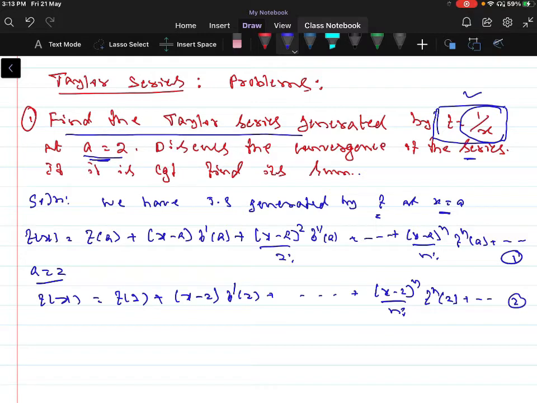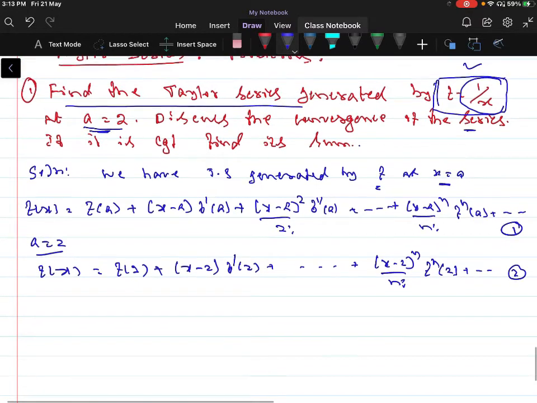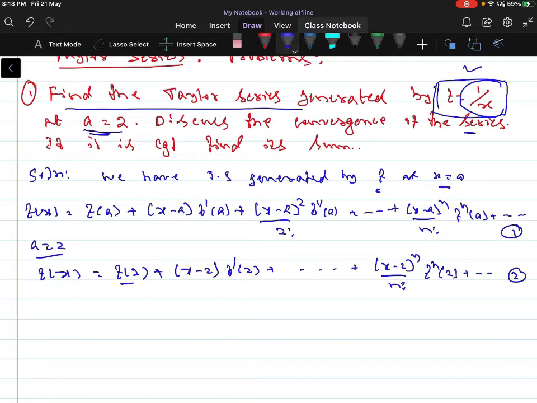That is called equation 2. So now we need to find f(2), f'(2), and so on, up to the nth derivative of f at x = 2.